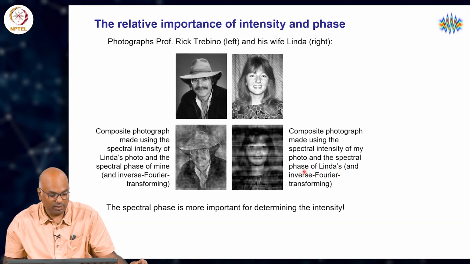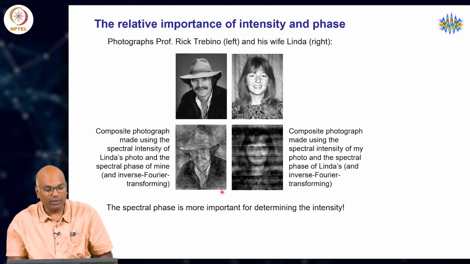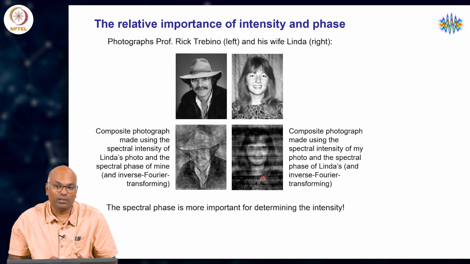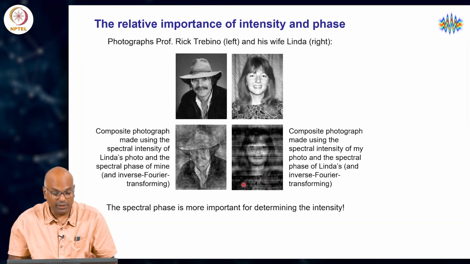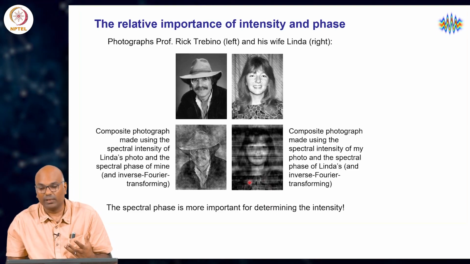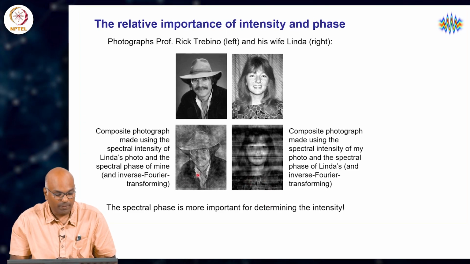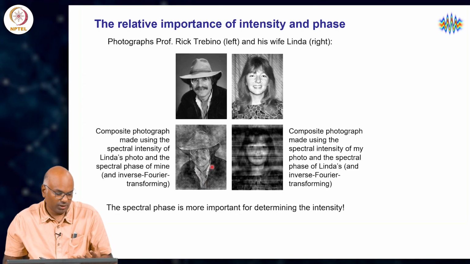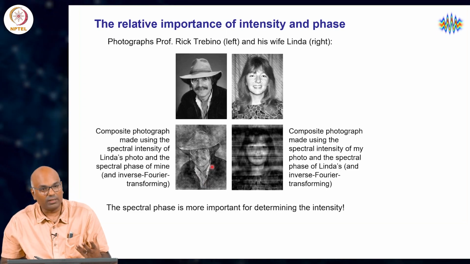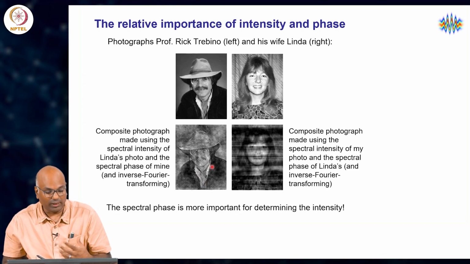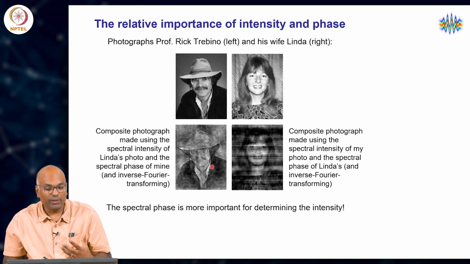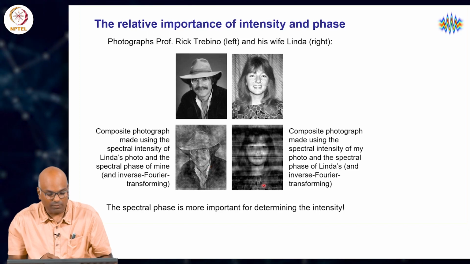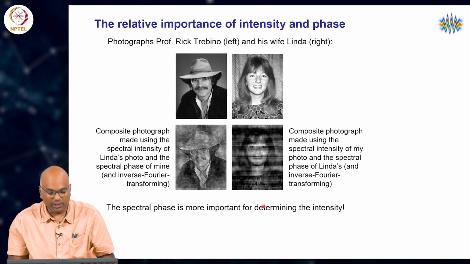You see that in both cases a significant part of the features in the picture are retained. So indeed phase plays a very critical role. The spectral intensity is not unimportant. It does add to the clarity of the picture, but we can still recover a significant amount of features by employing the correct phase map.